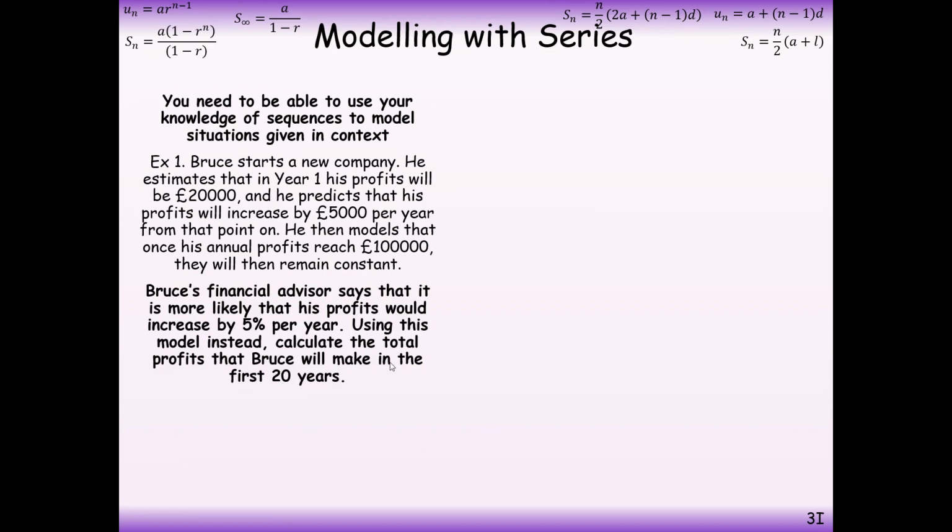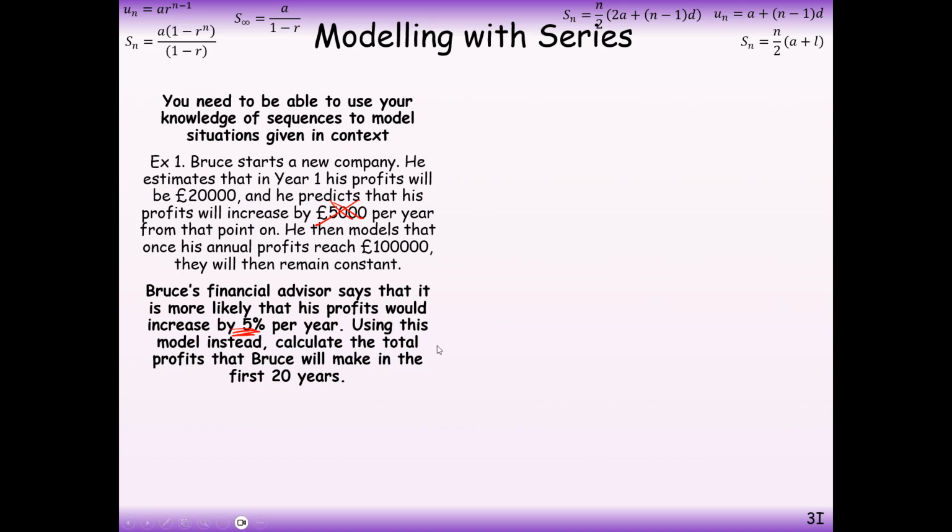In the next part of the problem, the question says Bruce's financial advisor says that it is more likely that his profit will increase by 5% per year. Using this model instead, calculate the total profit that Bruce will make during the first 20 years. So we are discarding the arithmetic sequence, and we are saying that the profit will increase by 5%.